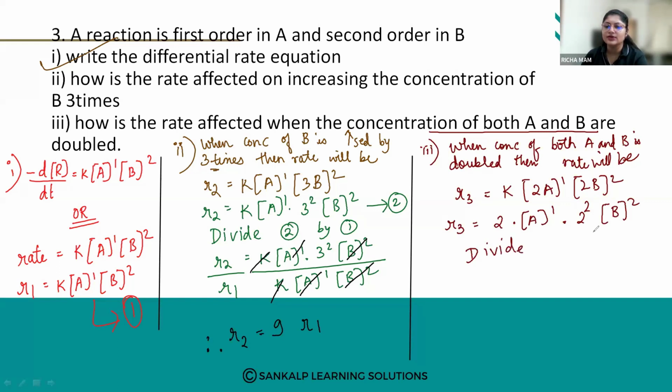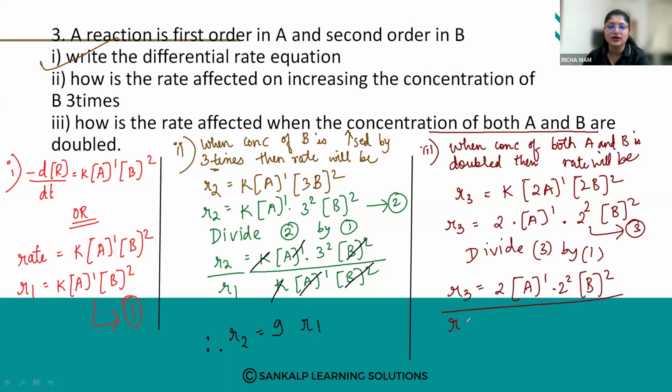Now this is equation number 3, so divide 3 by 1. R3 is equal to K into 2 A raised to 1, 2 square B raised to 2, divided by R1, which is K into A raised to 1 and B raised to 2.